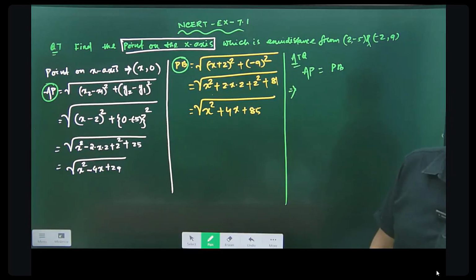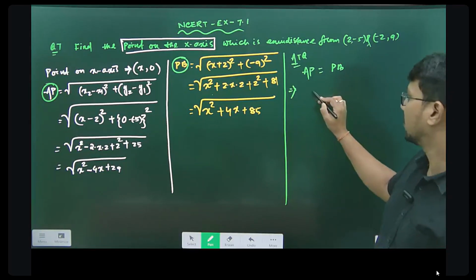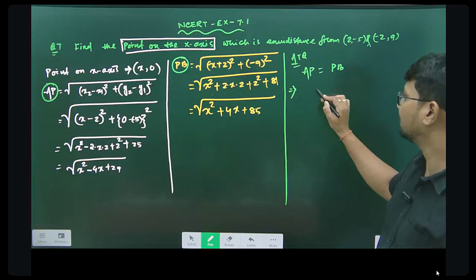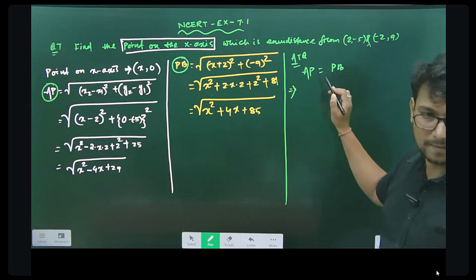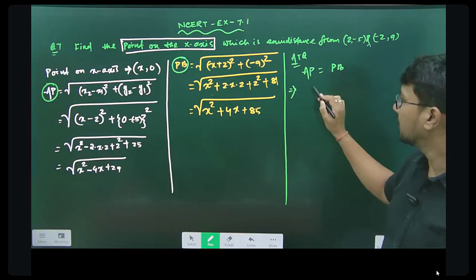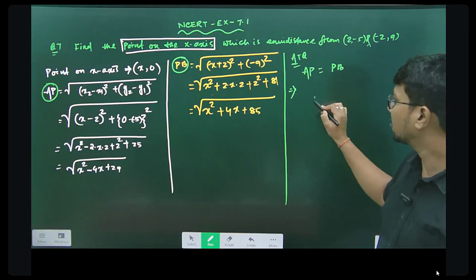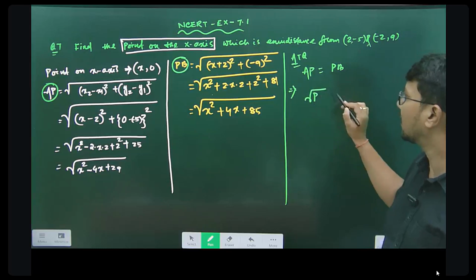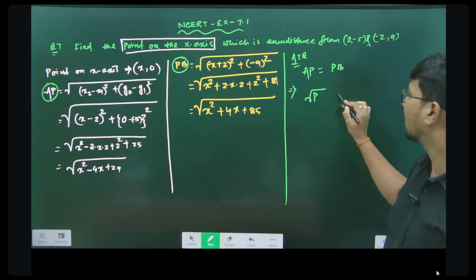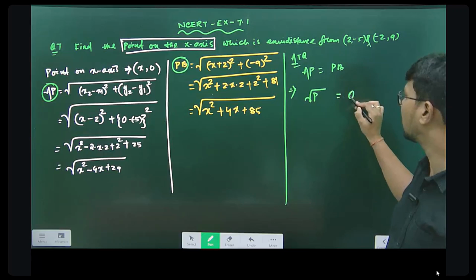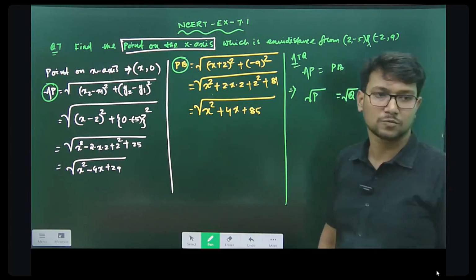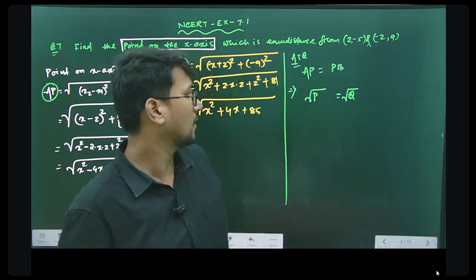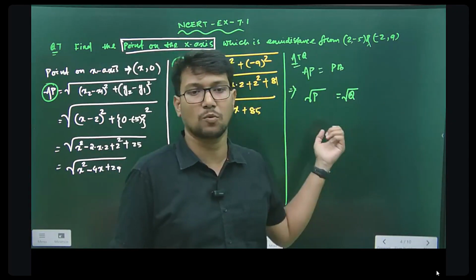Now look at here one thing. Bacho, if AP equals to PB, and if I'm writing square root of P equals to square root of Q, what does it mean?